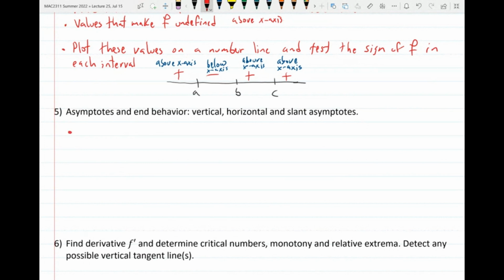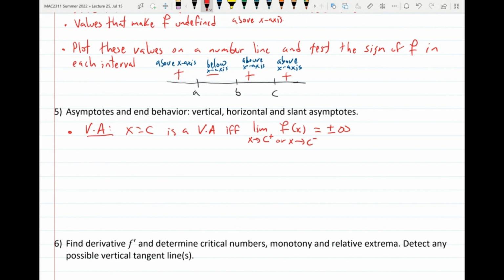For example, let me give you here a couple of points. So in the case of vertical asymptotes, we have discussed this. Remember, a number x equals c is a vertical asymptote if and only if when you take the limit as x approaches c from the right or as x approaches c from the left, one of the two side limits of the function gives you either a positive or a negative infinity.